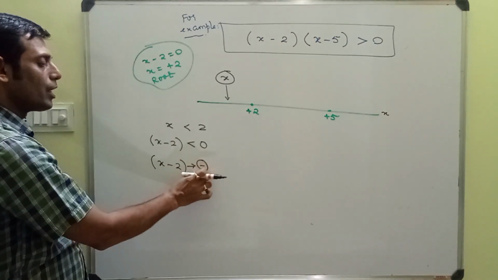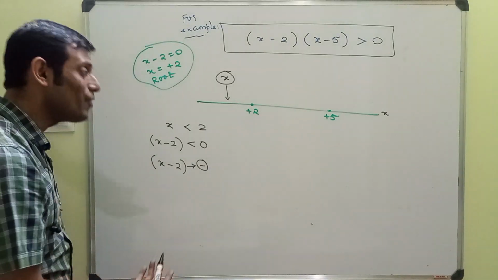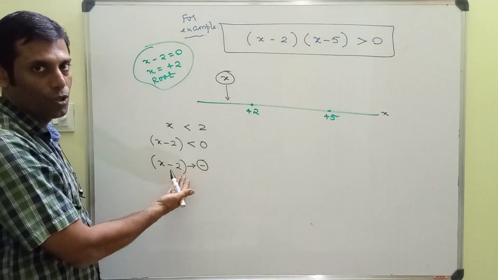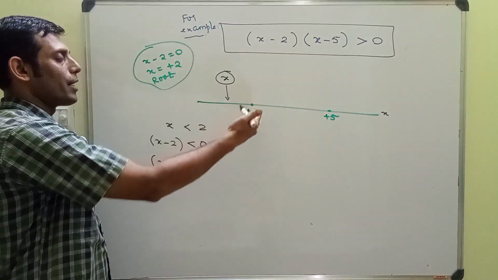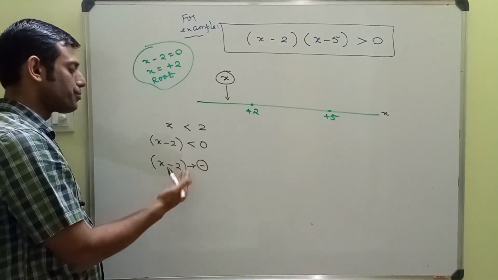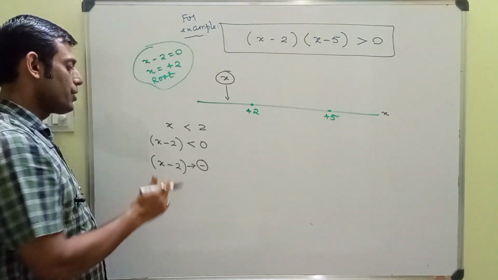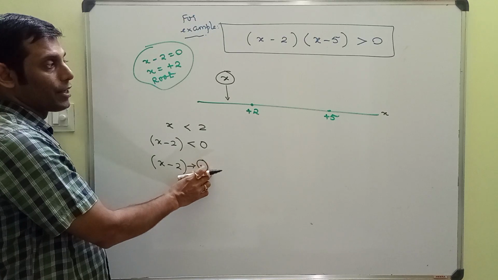As a factor, it is negative when x is less than the number you are considering it with. The root position lies to the right, x is to the left, and hence x minus 2 is a negative factor.